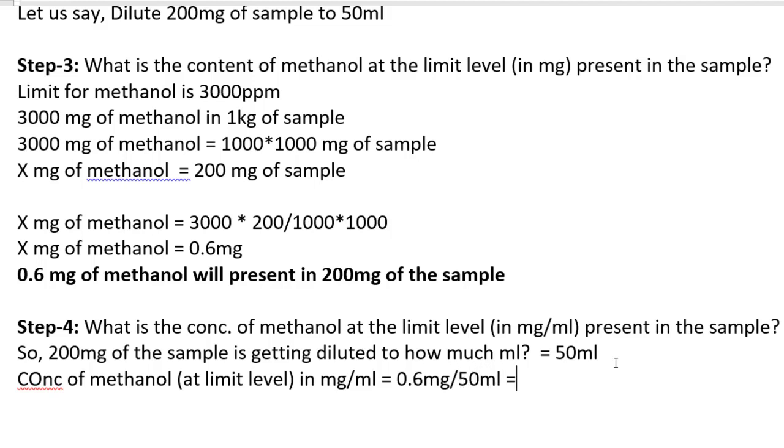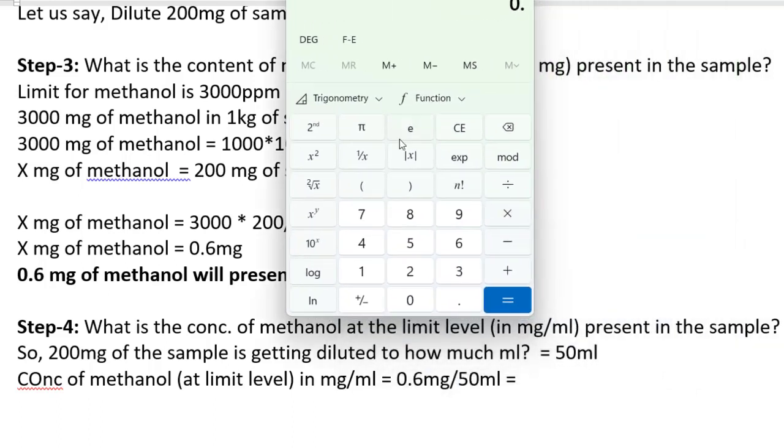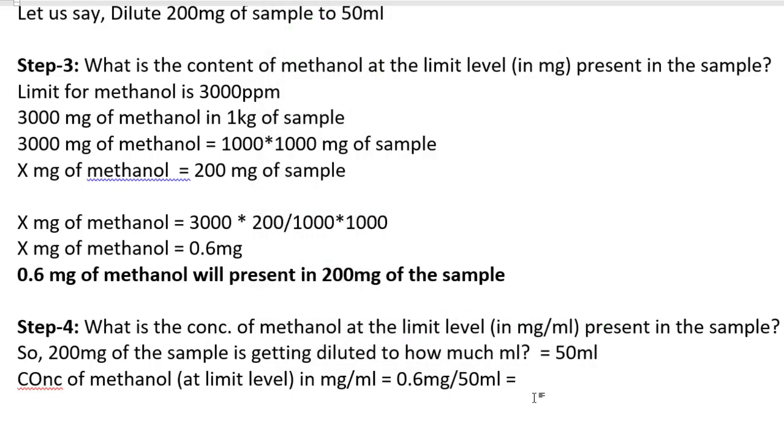And if I further simplify this equation, how much is it? So let us bring the calculator one more time. So 0.6 mg, okay, let me also show you from where I am taking the figures. 0.6 mg diluted to 50 ml becomes 0.012 mg per ml.